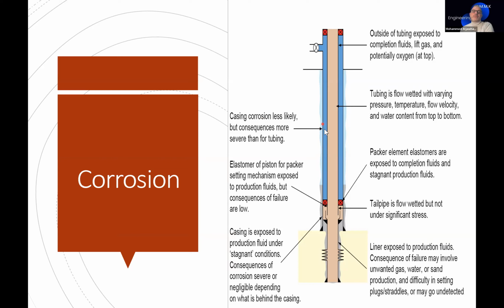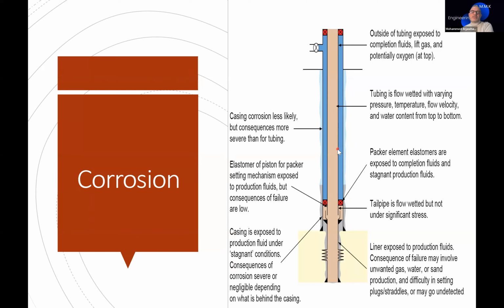So for instance, when we have a breakthrough, or when any type of intervention happens to that well, for example, if we run a multi-fingered caliper, we can see there's scratching inside the casing.